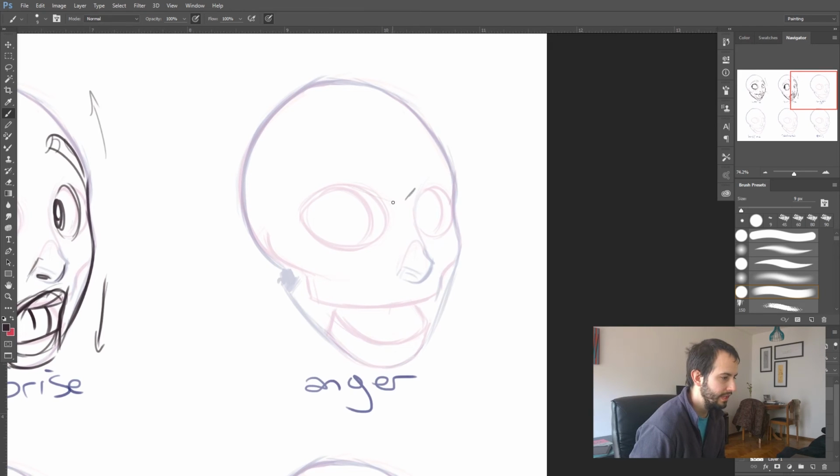Anger. Let's go with anger. This is going to be the screaming face from the Screaming Faces video. If you haven't watched that, watch it. It's awesome. There you go. There's a screaming face. This one concentrates all its energy here, even with the open mouth.